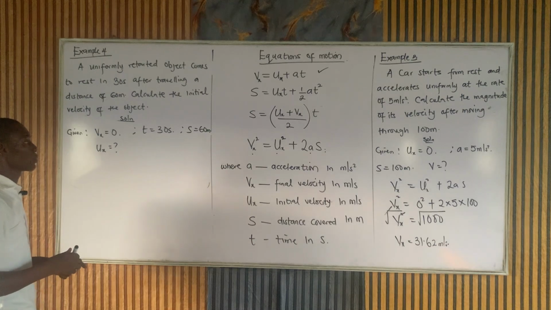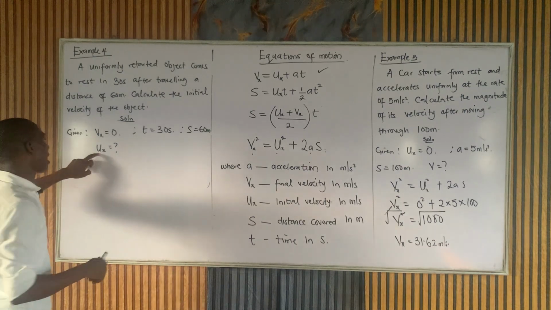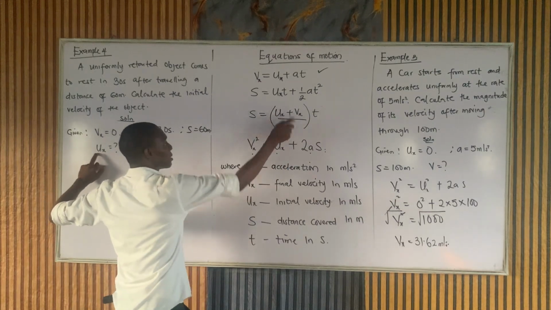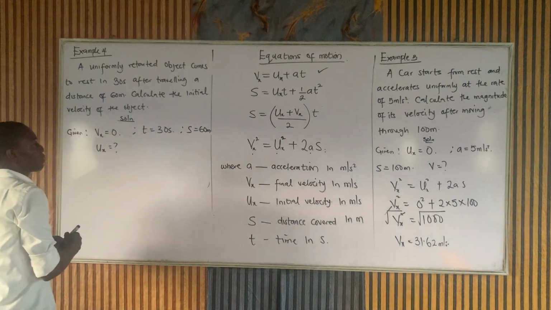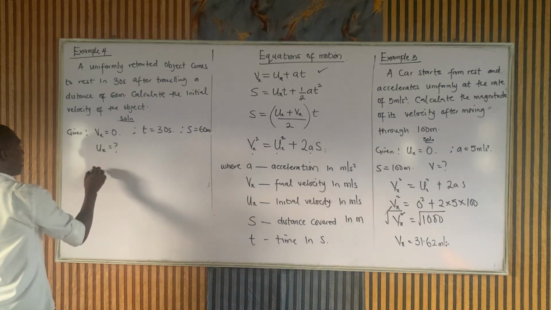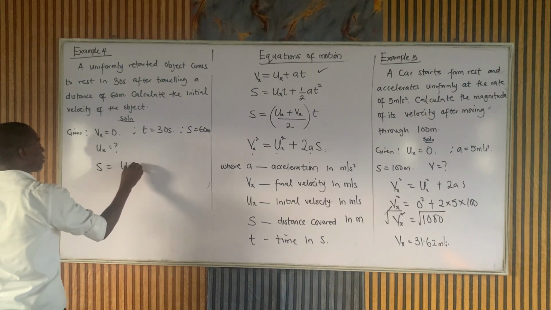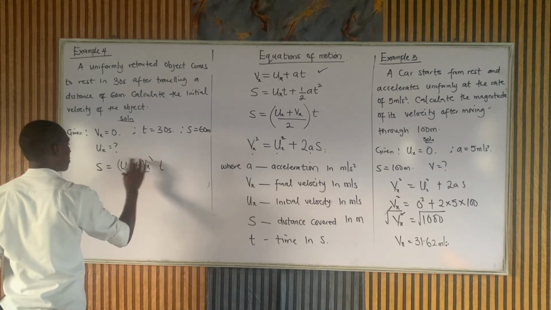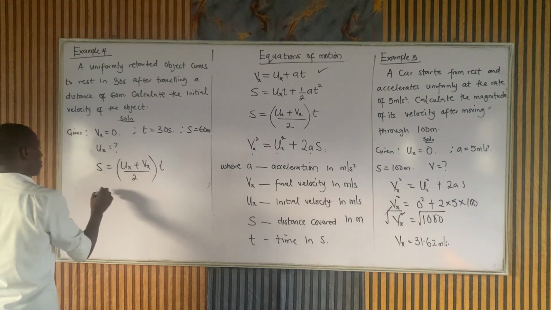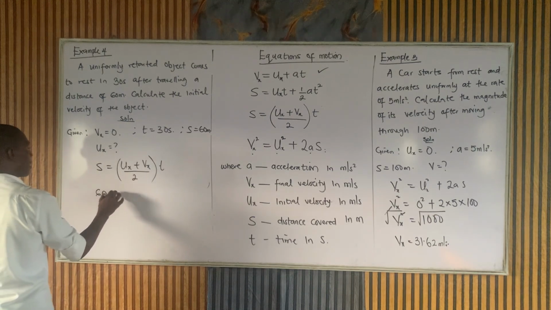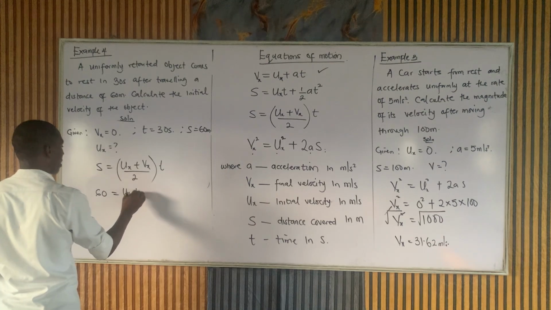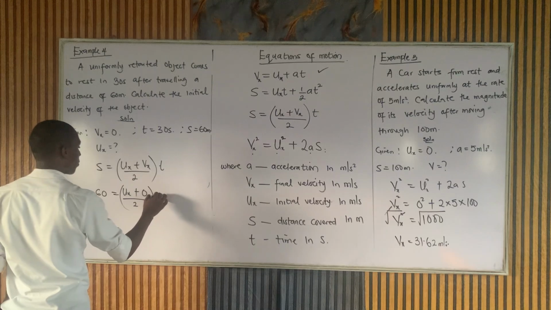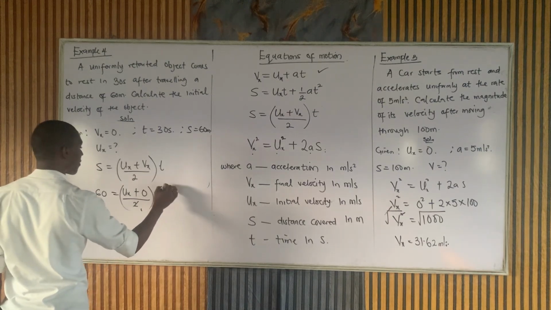So what equation are we supposed to use to solve this? We're looking for U, and we have V, T, and S. This solves it. The rest would not be able to do it. So we'll say S is equal to U plus V all over 2, then times T. So S is given as 60 is equal to U, the required, plus V which is 0, over 2 multiplied by time, which is 30. 2 here 1, 2 here is 15.